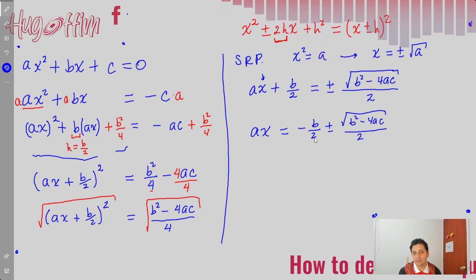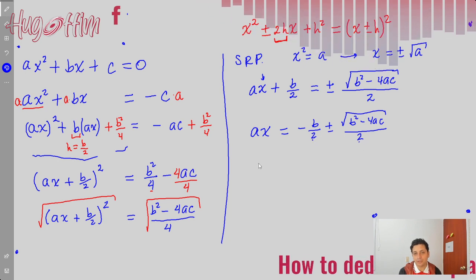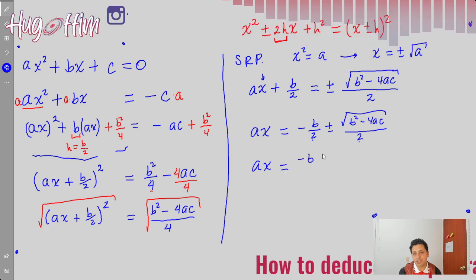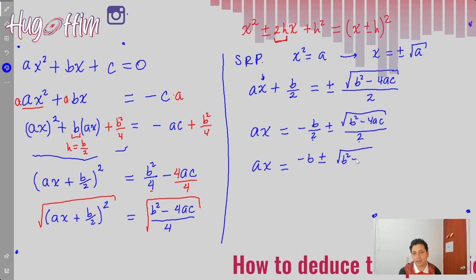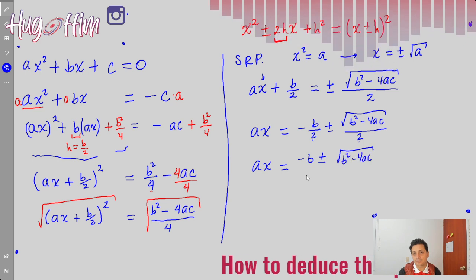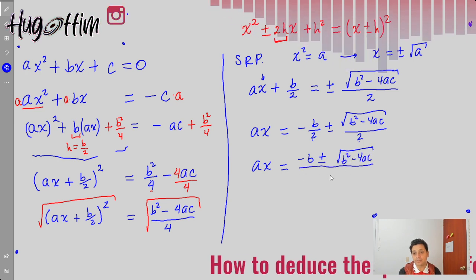Now I can just look at that, I have a common denominator, so I can put ax equals minus b, positive or negative, a square root of b squared minus 4ac over 2.